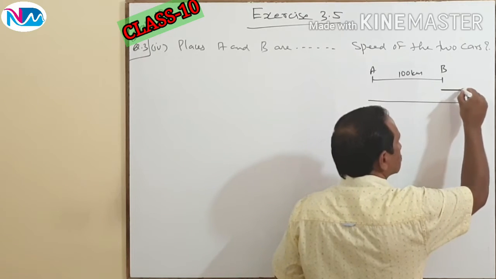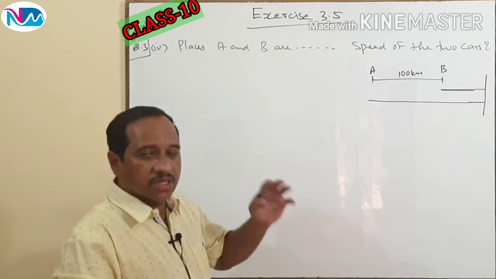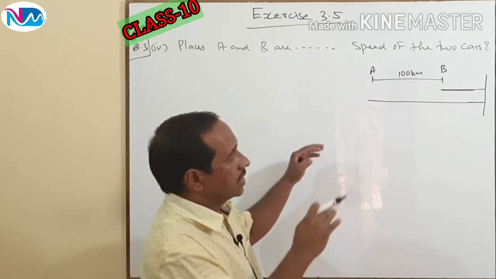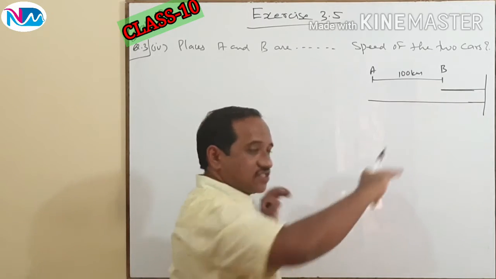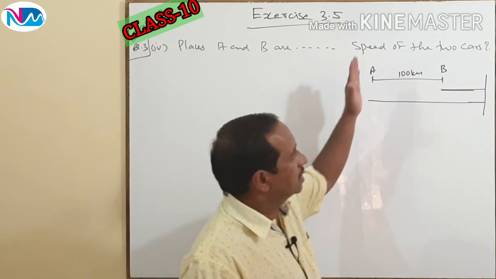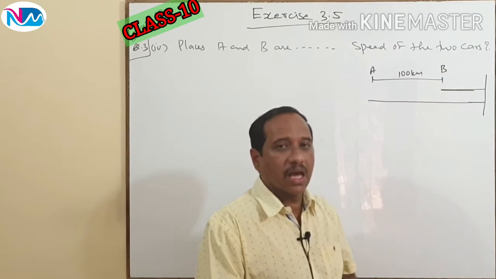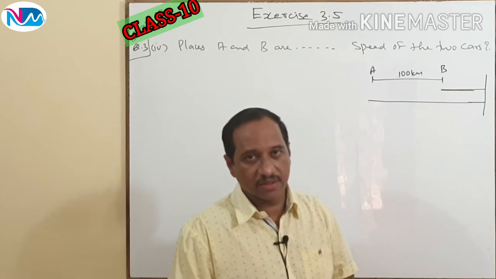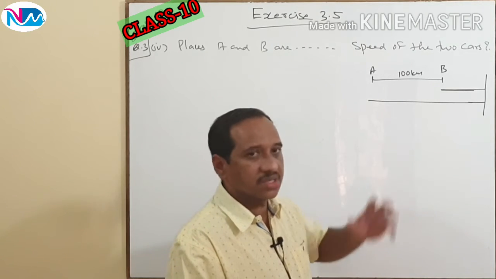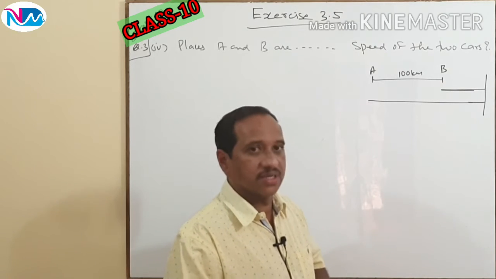That means, suppose the two cars meet at this point. When the two cars travel in the same direction, here I take the direction towards east. The car from place A as well as the car from place B travel for 5 hours and they meet each other. That means the time of the journey for both the cars is the same, but the speeds are different.